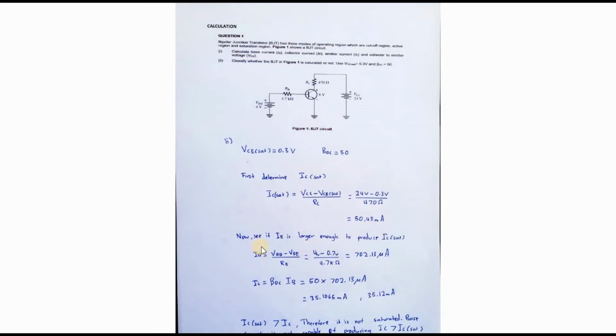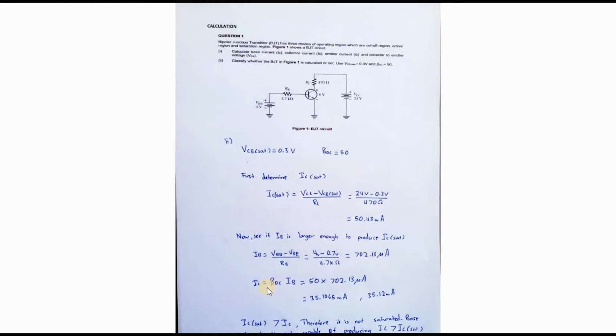Now we must see whether the IB is large enough to produce the IC saturation. So IB value is VBB minus VBE over RB. VBE is 0.7 volt, so at the end of this answer we will get 702.13 microampere.